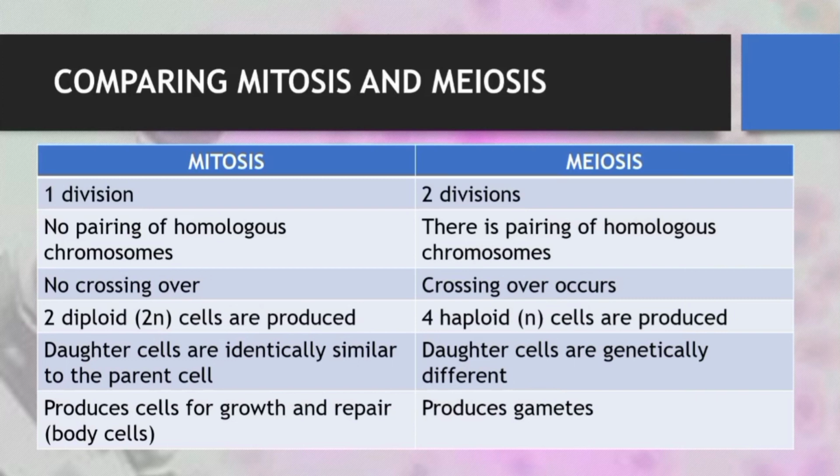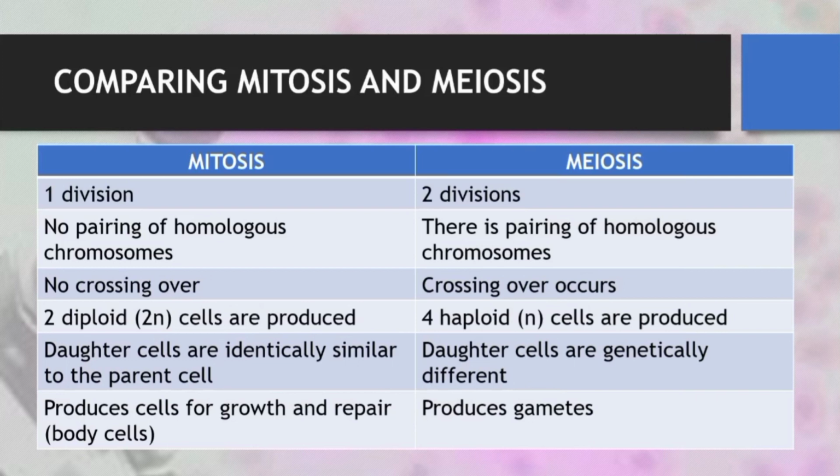Pag sinabi kasi natin crossing over, yung mga traits or DNA na dala-dala ng mga chromosome ay pwedeng lumipat sa kapartner niyang chromosome. Yun yung tinatawag natin crossing over or recombination, and that will result in genetic diversity. Yun yung reason kung bakit tayo ay magkakaiba-iba.